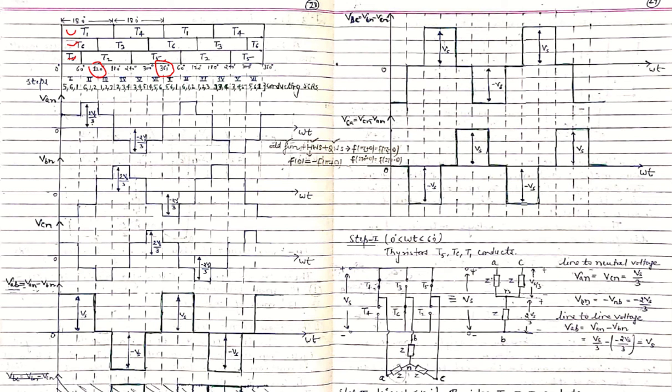From this neutral point N to the B phase through thyristor T6, up to the negative supply, the B phase comes into the picture. So from N to B, the impedance Z is connected individually, but the two impedances of the A and C phases are in parallel. So this is the equivalent diagram.